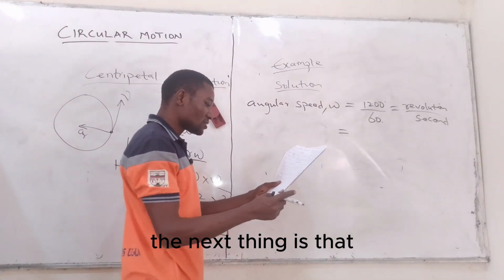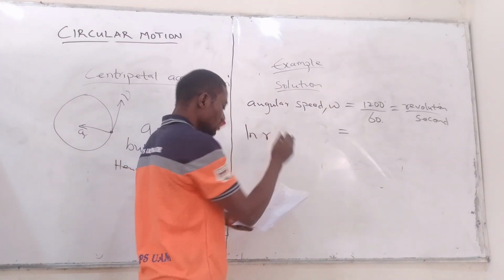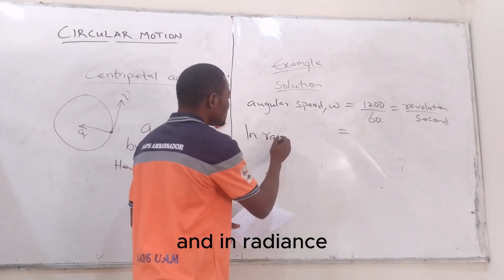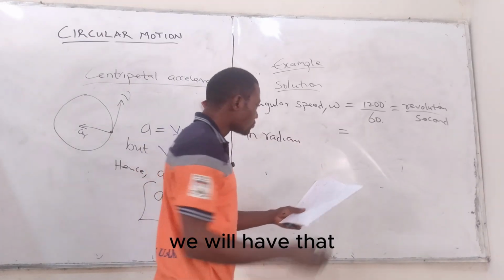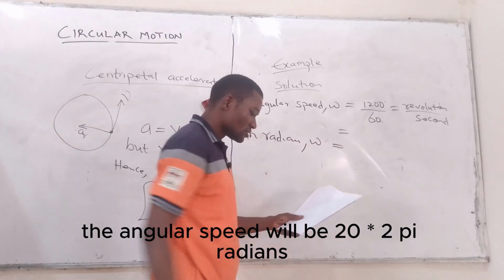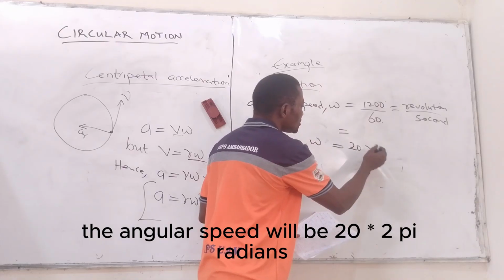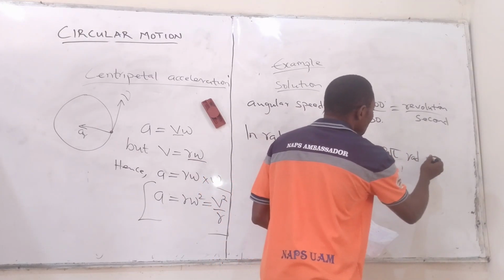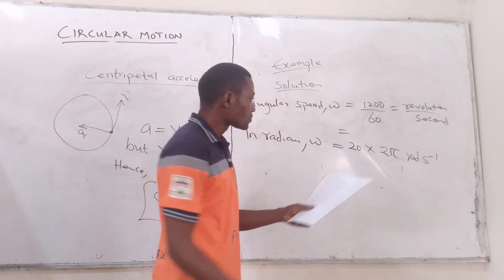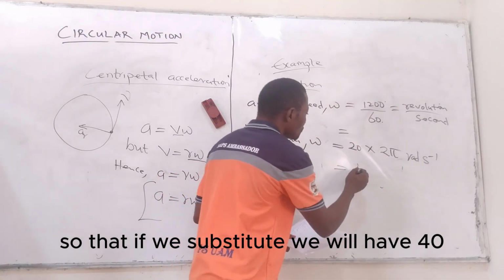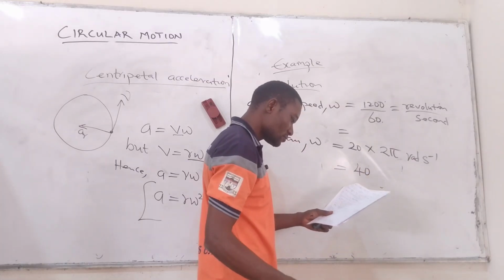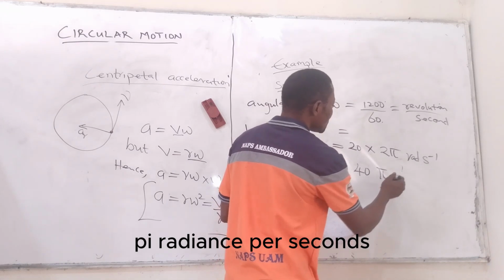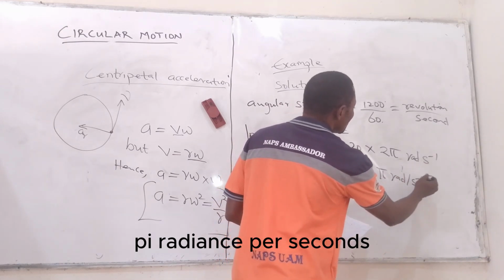The next thing is that we can convert this angle to radians, and in radians the angular speed will be 20 times 2 pi radians per second. So if we substitute, we will have 40 pi radians per second.